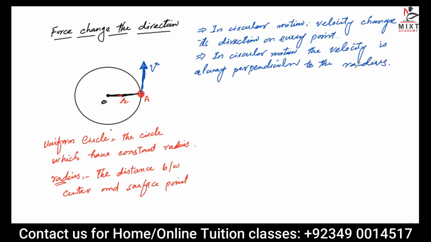What do you mean by perpendicular? Sir, parallel. No. It means 90 degrees. If you see here, V and R are making 90 degrees. That is the meaning of perpendicular.